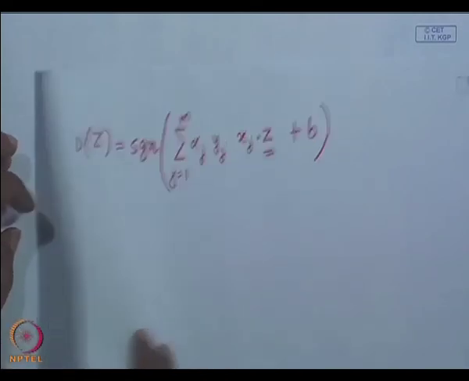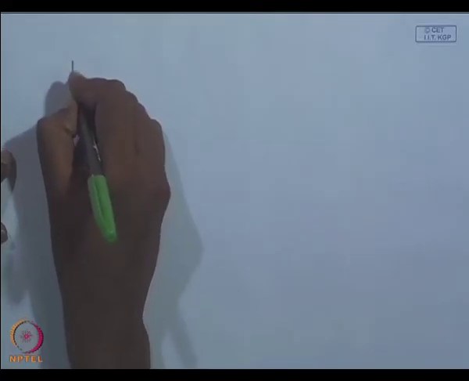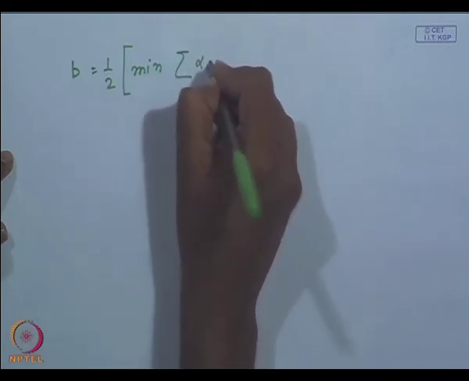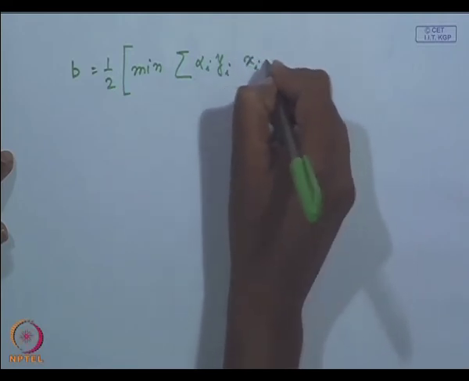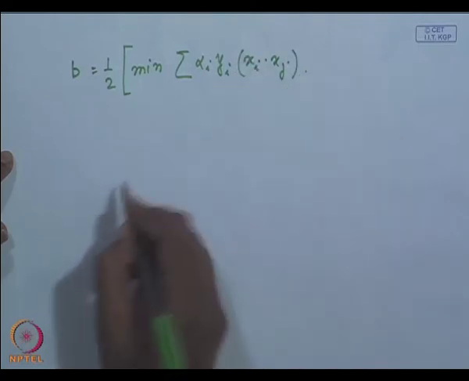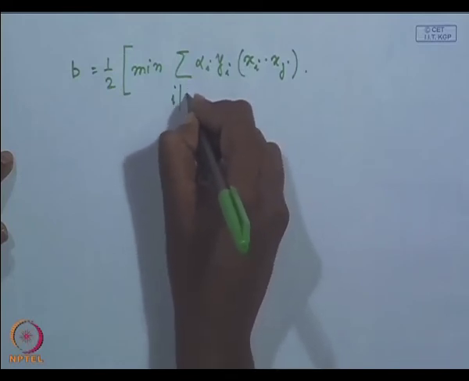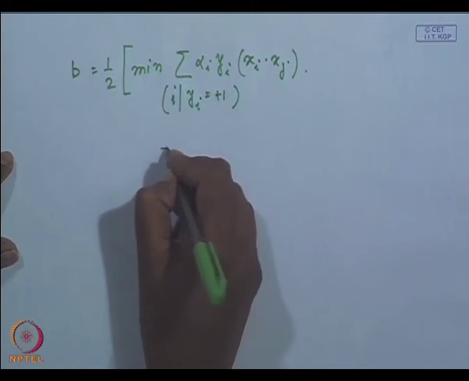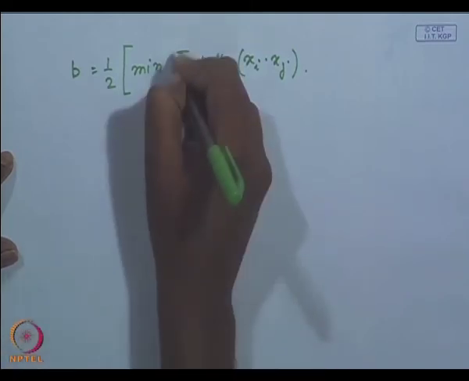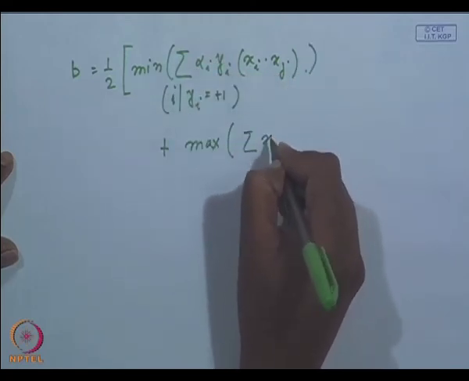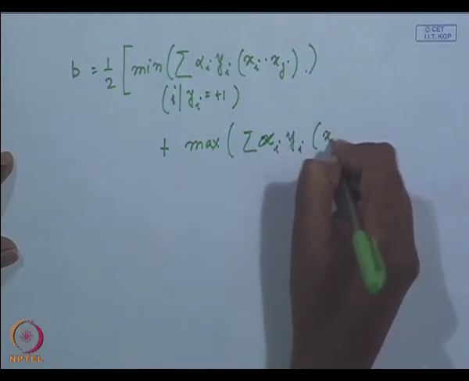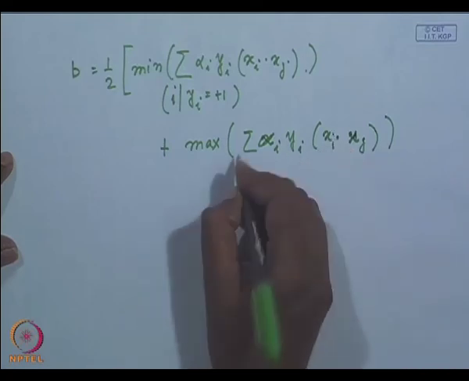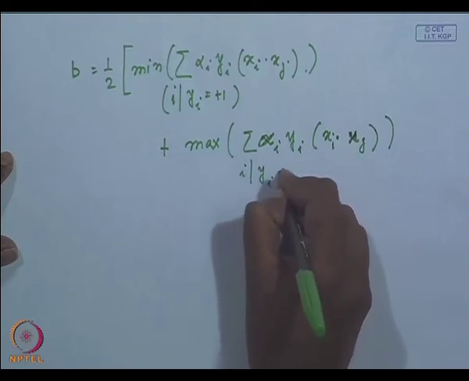The value of B I can compute as follows: this is the margin, B will be half of the minimum of the sum of alpha i y i x i dot x j, for all i for which y i is equal to plus 1, plus the maximum of the sum of alpha i y i x i dot x j for all i where y i is equal to minus 1.